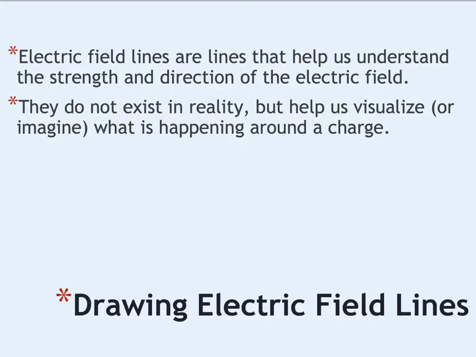So now let's look at how we actually draw these electric field lines so that we can understand them a little bit better. Electric field lines are lines that help us understand the strength and direction of the electric field. They don't exist in reality, but they help us visualize, which means imagine what is happening around a charge.